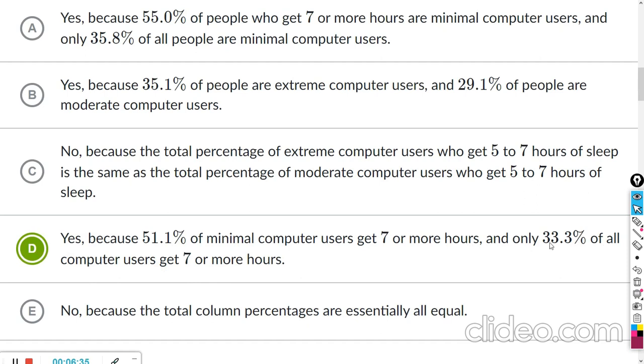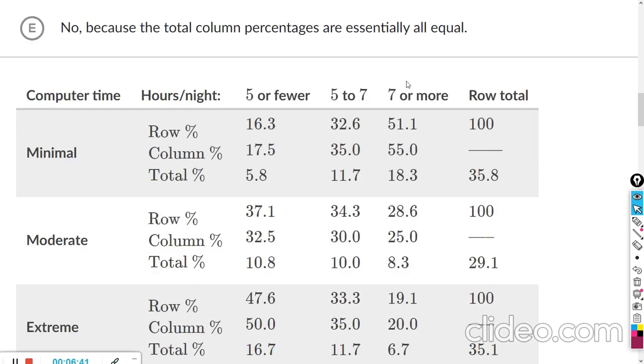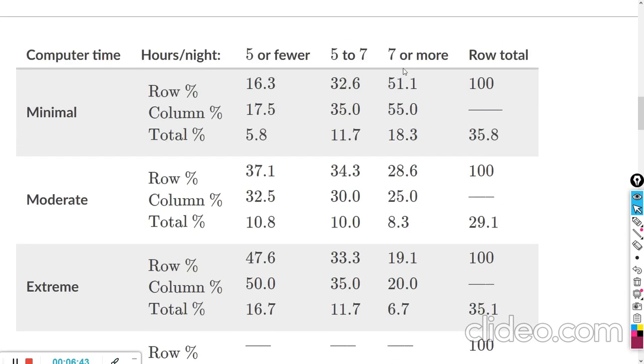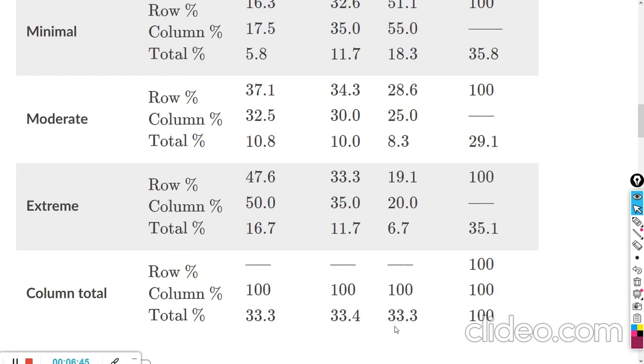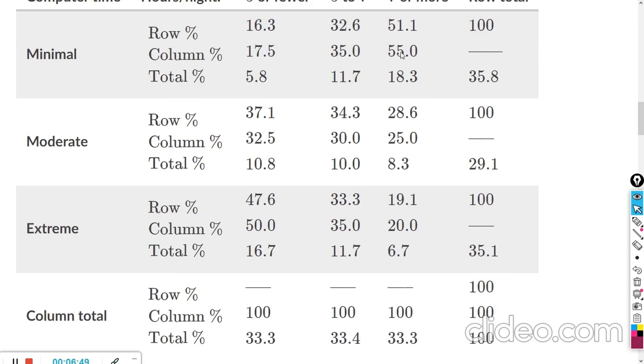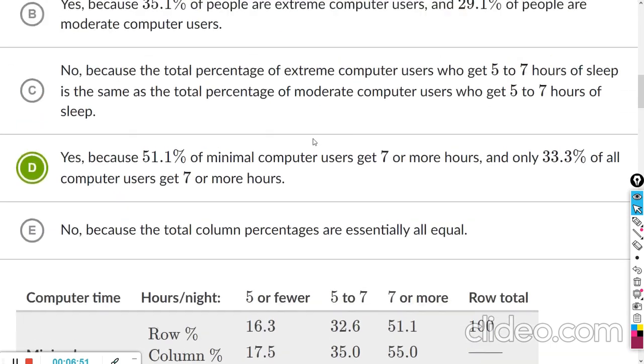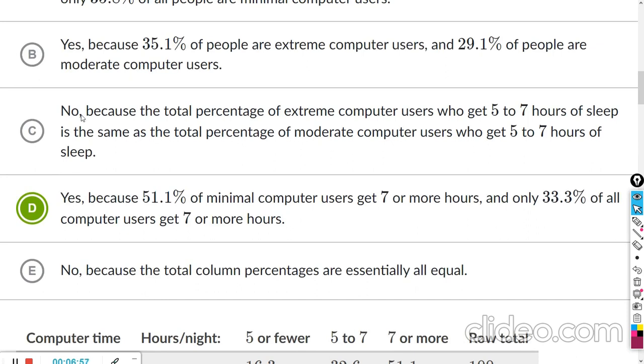Let me just make sure. Only 33.3% of all computer users get 7 or more hours. Here's the 7 or more column. Okay, if you go all the way down to the bottom total, right here, 33.3% get 7 or more hours. So yeah, the minimal guys are more likely to do 7 or more. Okay, so it's definitely yes.